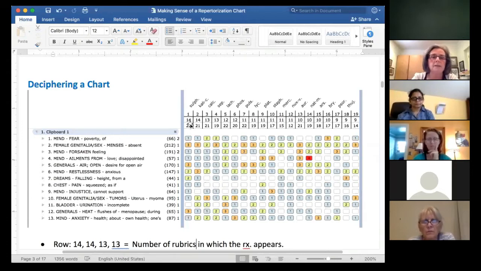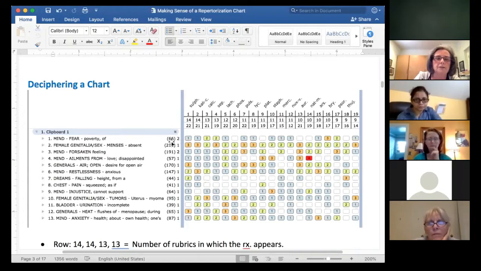Then the number at the bottom is 22, and that is the adding up of all of these weights, this column of weights. Those are the grades of the remedy in that rubric. And if you add those numbers up, it is 20. So why is the number 22 here?